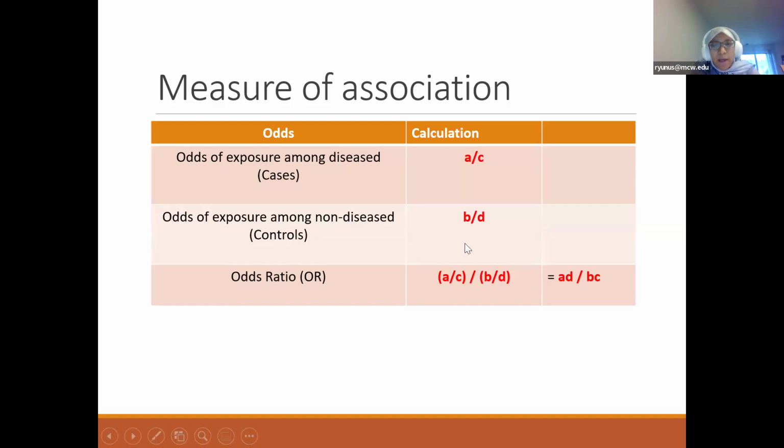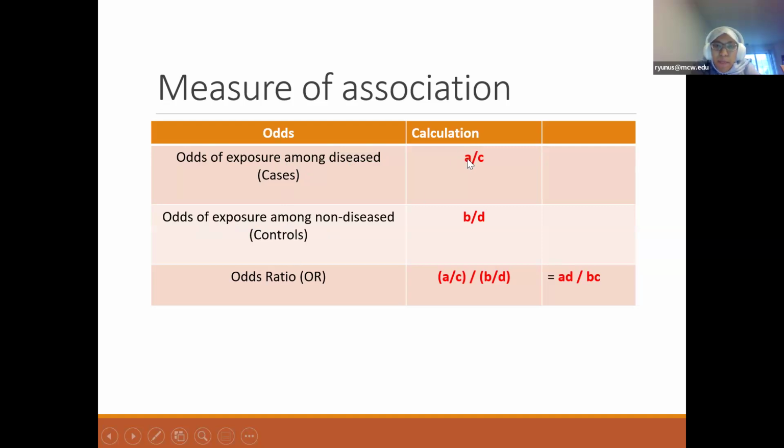Odds would mean the probability or the likelihood of the occurrence of a certain event. And so here, first thing you do is calculate the odds of exposure among your cases. And then second, you calculate the odds of exposure among your controls.